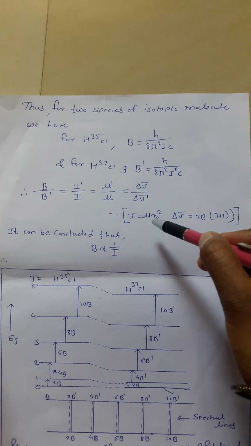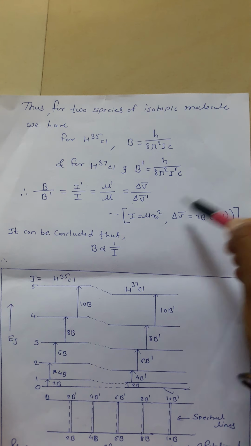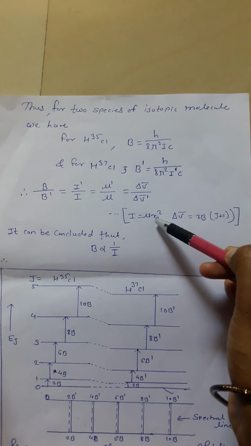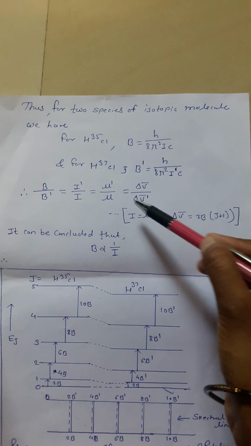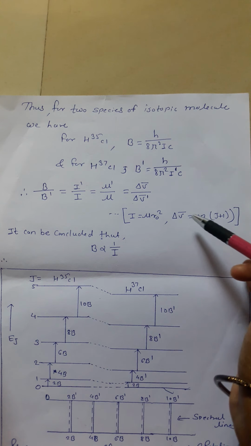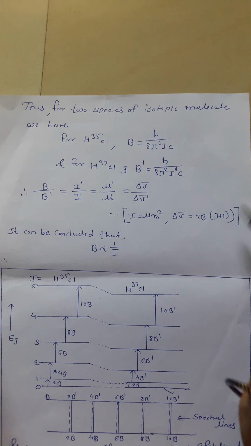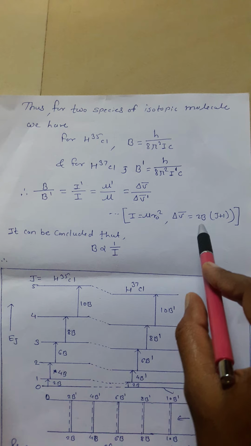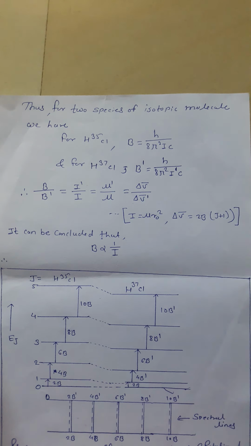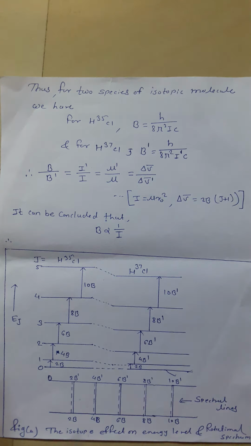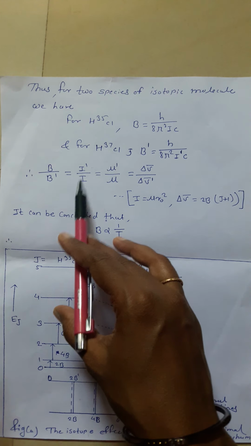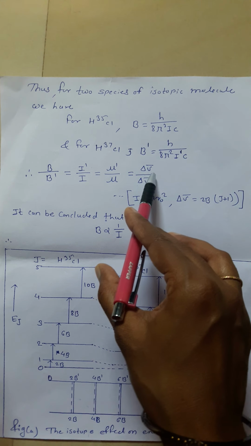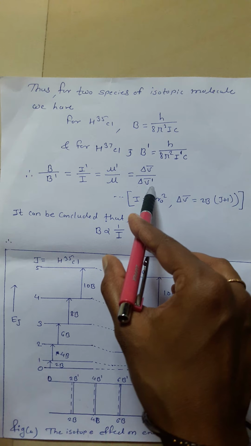Then r0 is common, and only mu dash upon mu remains. And delta nu bar is equal to 2B into J plus 1, which we studied in the last lecture. Then we get B upon B dash is equal to I dash upon I is equal to mu dash upon mu is equal to delta nu bar upon delta nu bar dash.